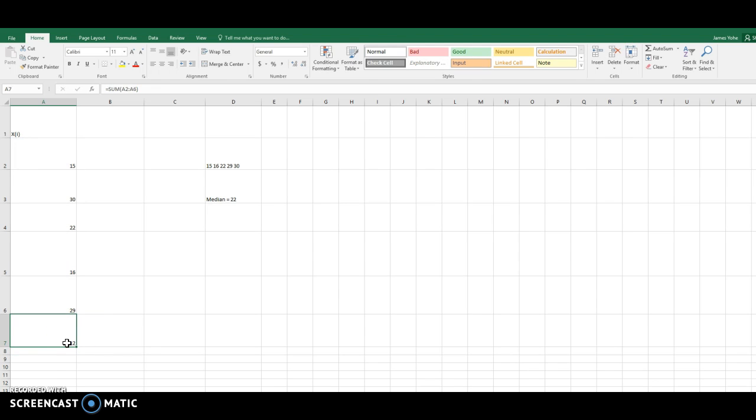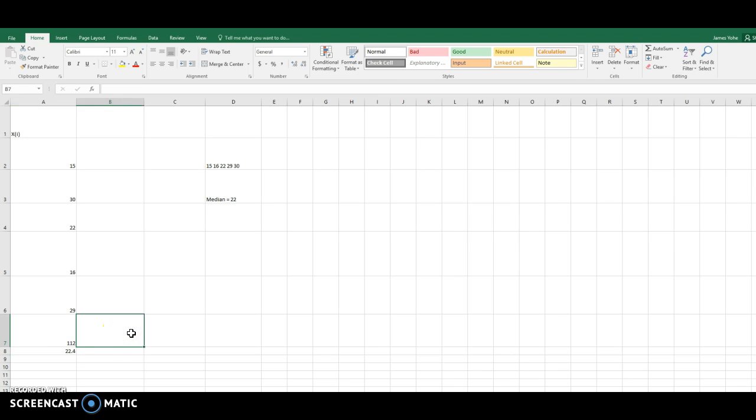This right here is the summation of x sub i. Down here, we're going to hit add. I'm going to take the summation of x sub i, and I'm going to divide it by n. n is the number of observations, and I have 5 here. So you can see I get 22.4.